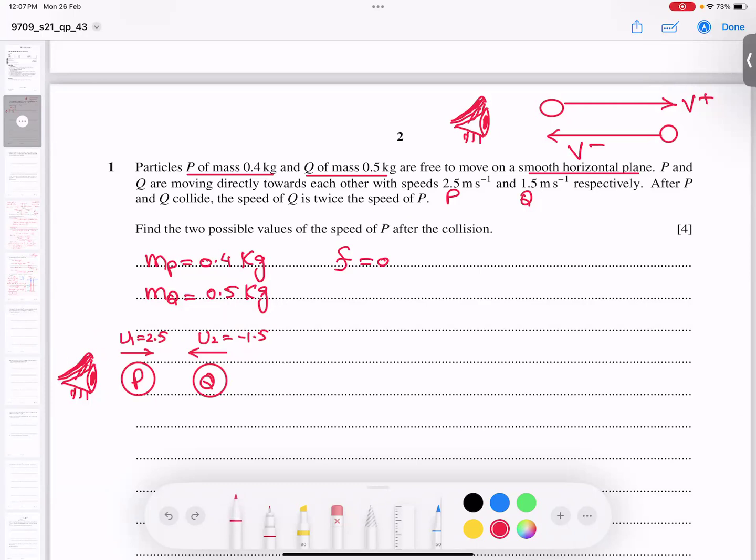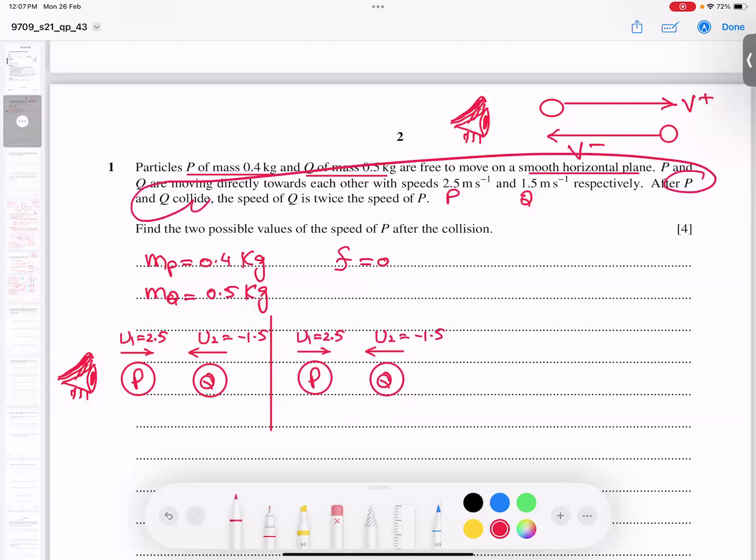Now, what is it saying further? Same story, I copy and paste here, after collision. The question says after P collides with Q, the speed of Q is twice the speed of P. If for P I take x, then this becomes 2x.